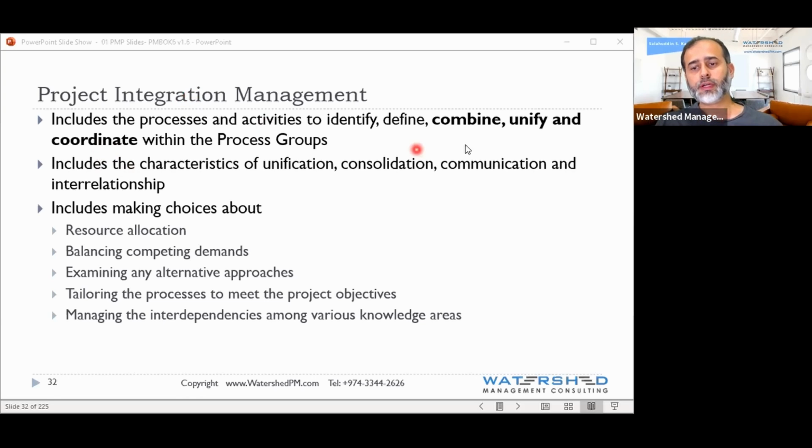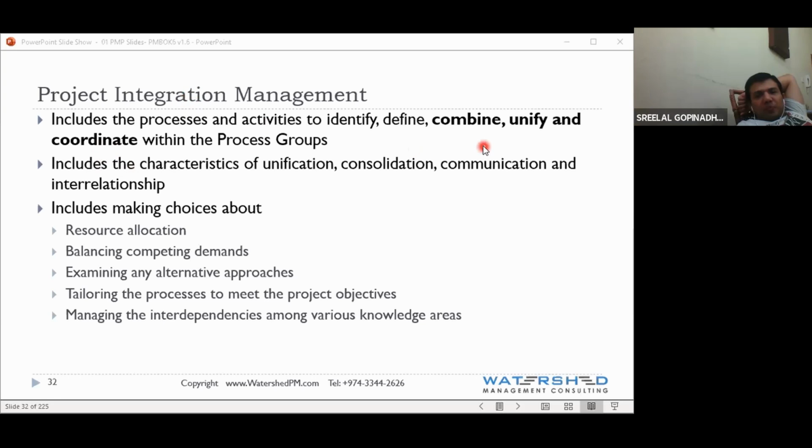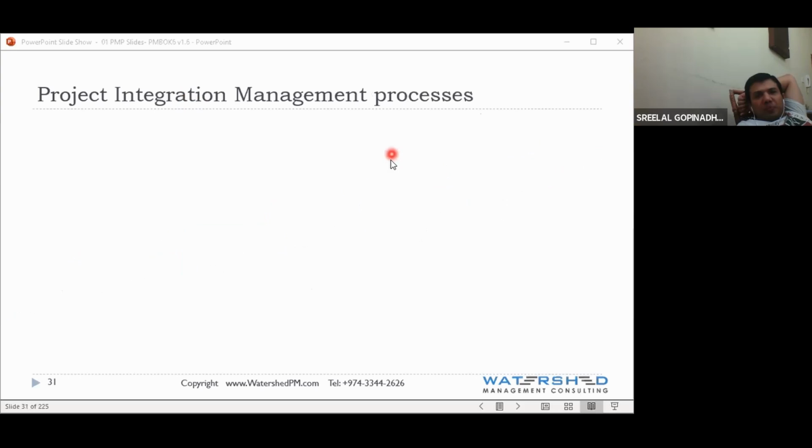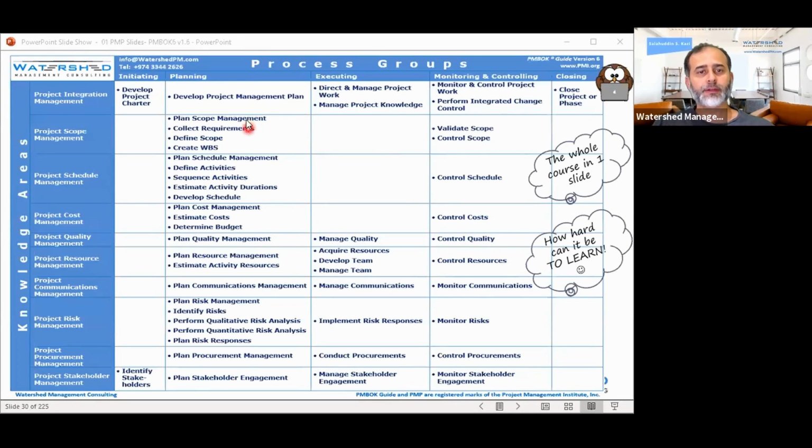Another role of integration is this: when you finish your planning, for example, you'll have your schedule, right? Yes.